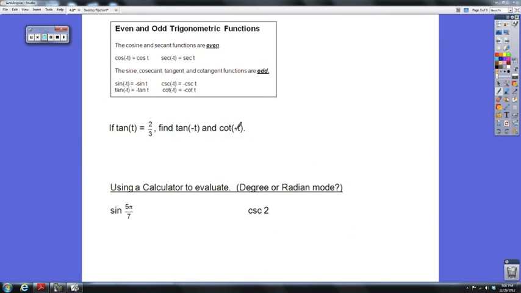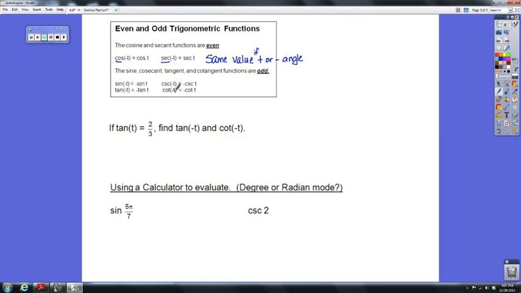Okay, we have some trig functions that are odd and some that are even. The only ones that are even are cosine and its reciprocal, which is secant. I guess the easiest way to remember that is you're going to have the same value whether you're dealing with a positive or negative angle, for a cosine or for a secant.